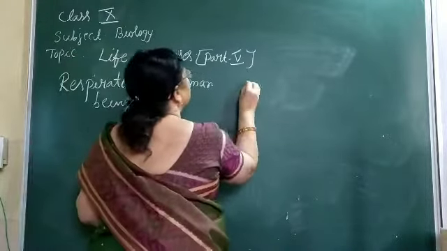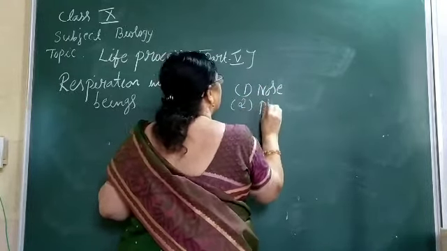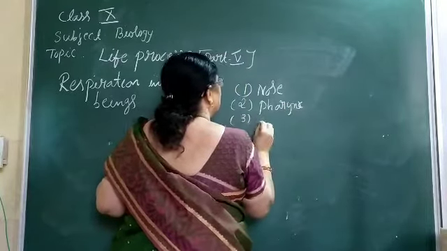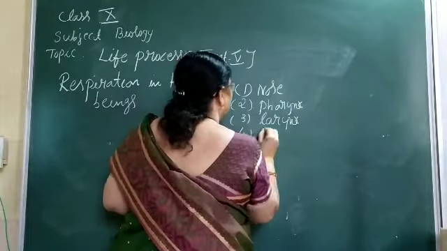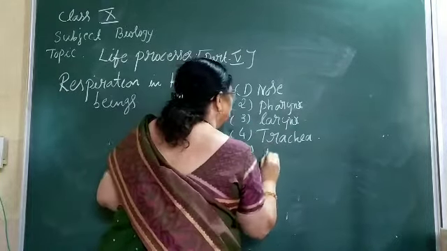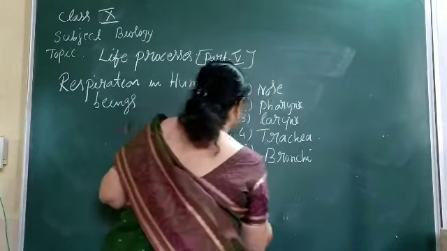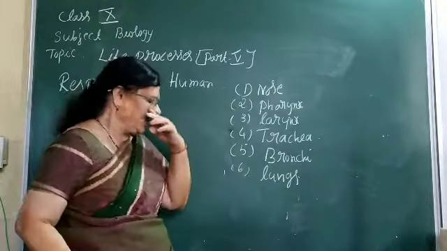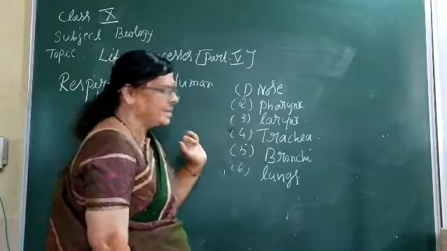We begin with nose, pharynx, larynx, trachea, bronchi, lungs. You are going to learn in a little bit more detail about these parts now.